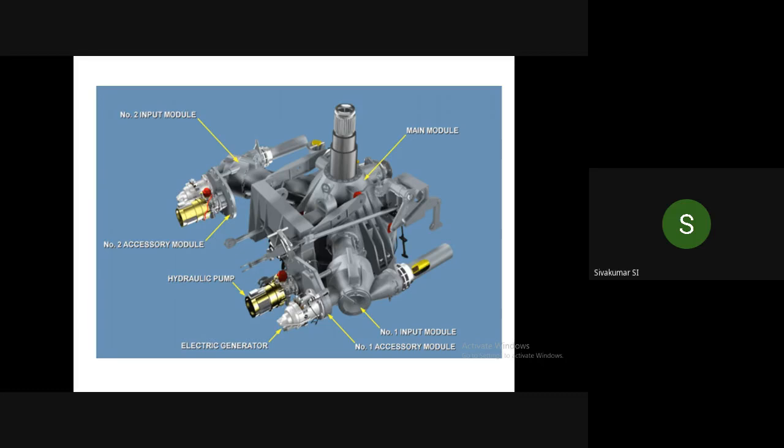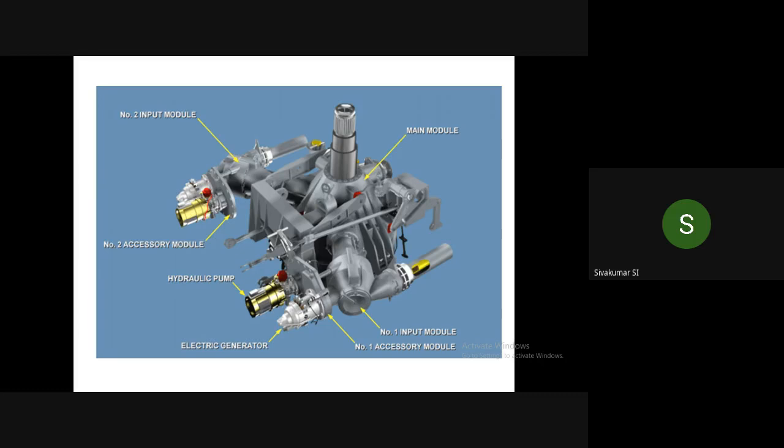Like that the second, because it is synchronized. Now we see that you can even stop one engine and the other engine can operate. Otherwise, if both engines are running, no problem, because of the two engines the gears are different, so the rotational synchronization will be there. The second module, like number two engine running, means the number two accessory module is also in operating condition.